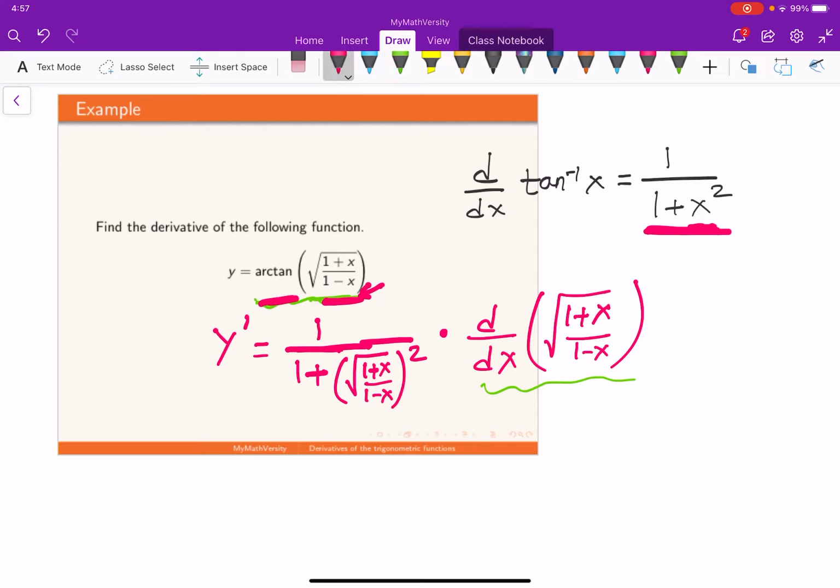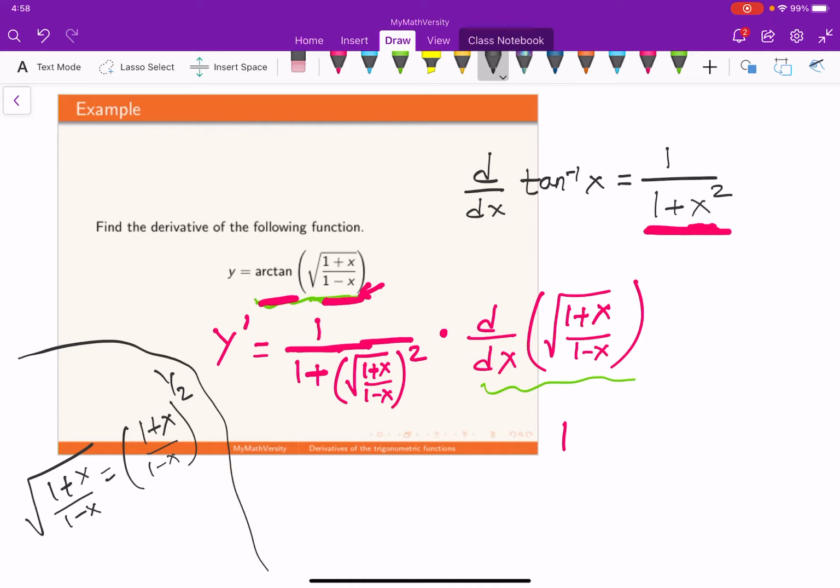We can change the square root of (1 plus x) over (1 minus x) into (1 plus x) over (1 minus x) raised to the power 1/2. So we can do that, right? Whenever we do that, you can clearly see we have a function raised to some power. So you can say that is also the chain rule, or the particular case of the chain rule we can apply, which is called the generalized power rule, right?